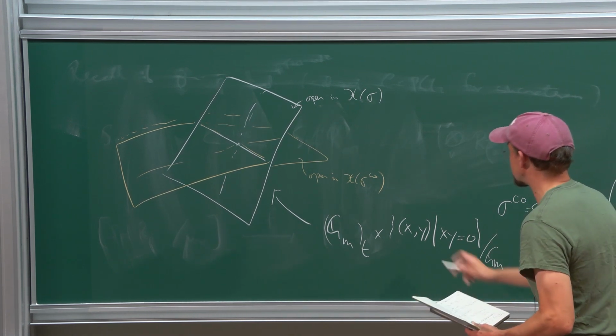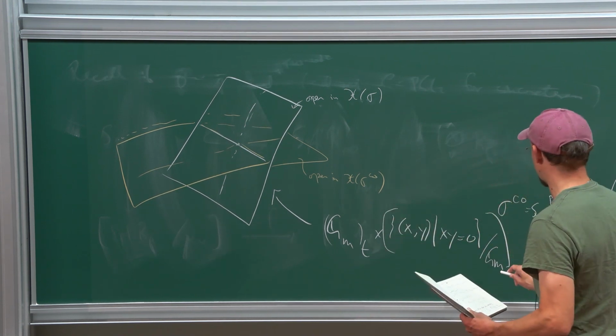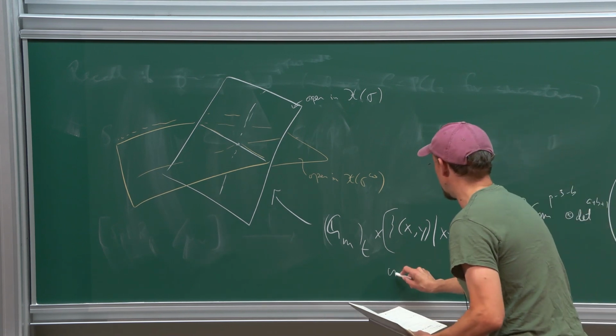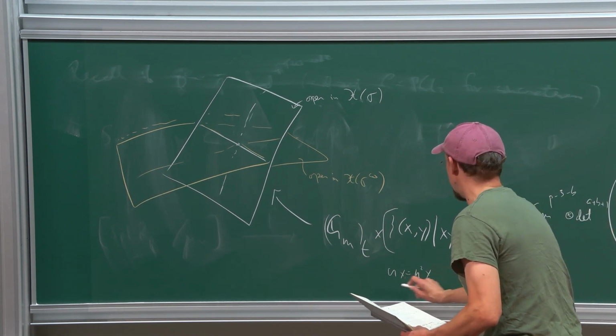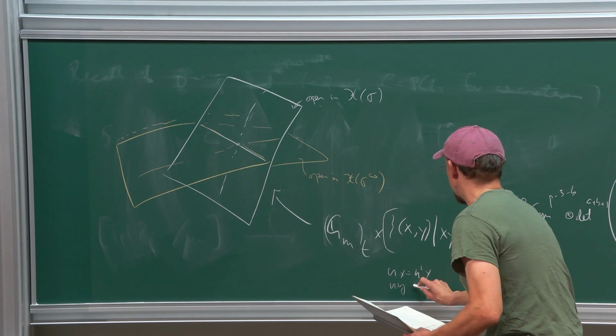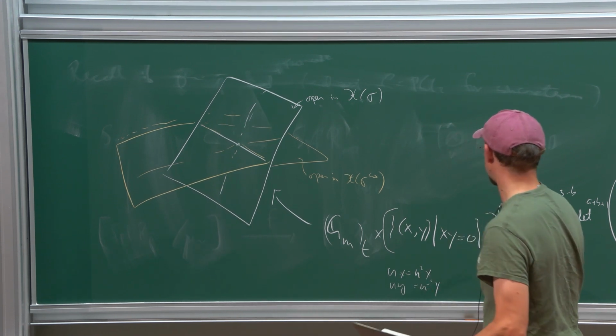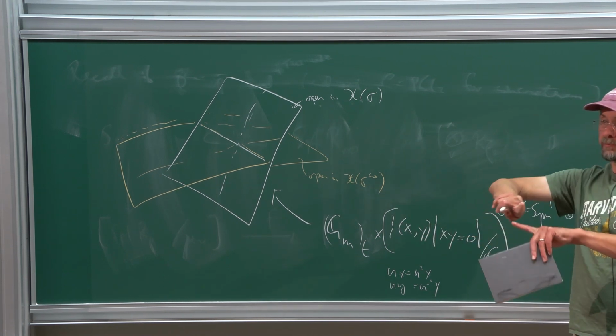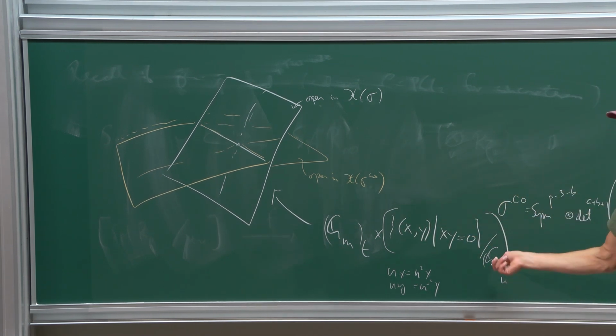But that thing is modulo a G_m. If you call the parameter on this G_m u, then u acting on x is u squared x, and u acting on y is u to the minus 2 of y. So it's a G_m product two lines crossing, but the two lines crossing have a torus action.